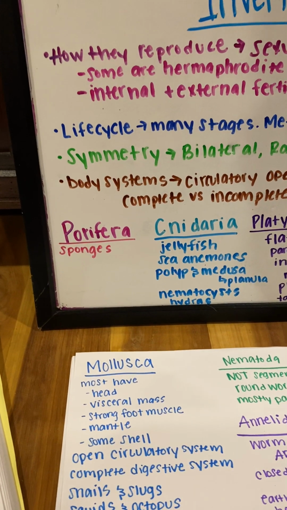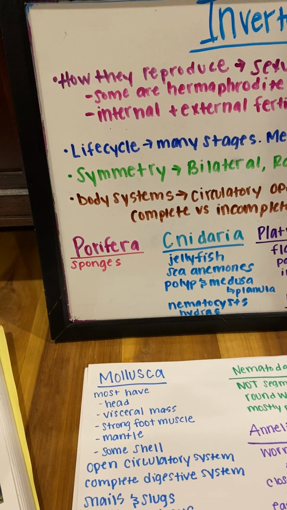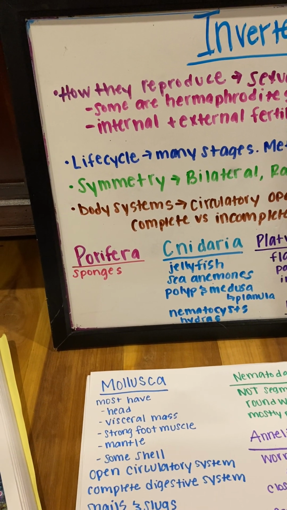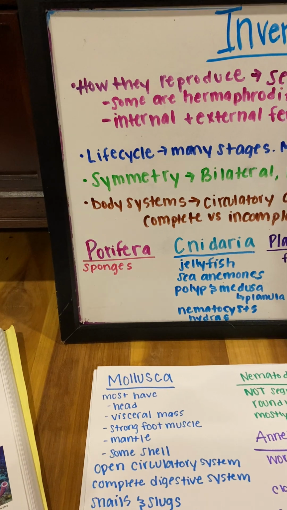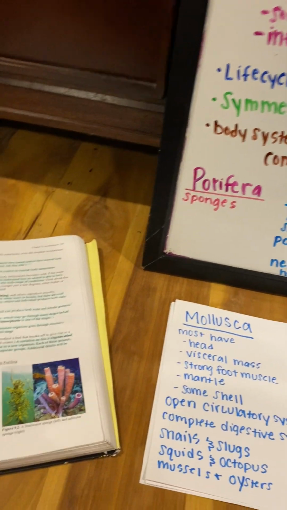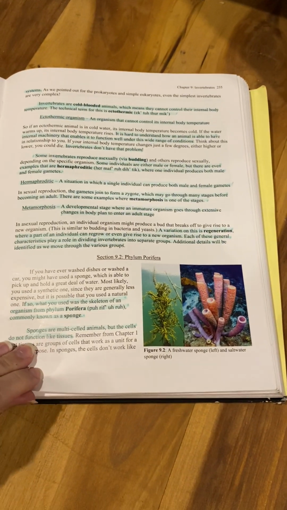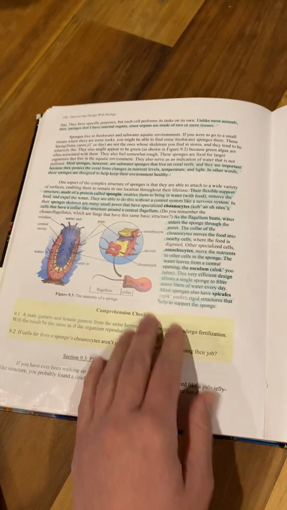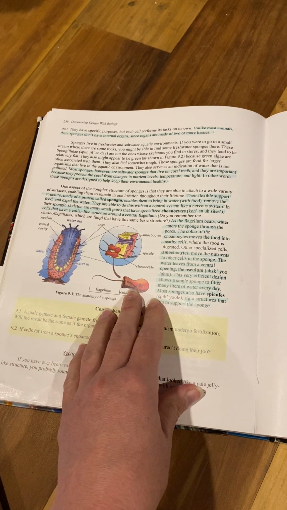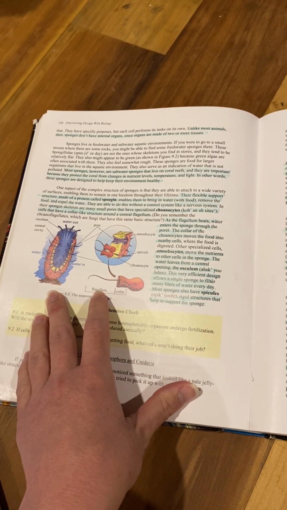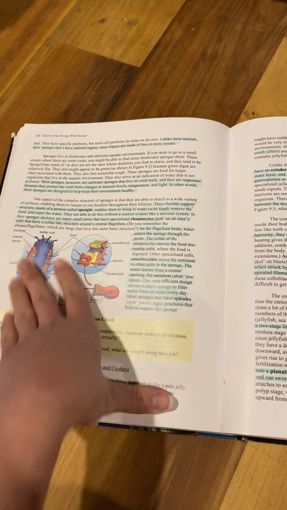It's your sponges. There are some really cool videos tagged under your Google Classroom showing how the sponges filter water, how they eat, and all of that's in your book. Pretty cool to think about. They have different stages and how they can move, and then when they get stationary, how they reproduce.